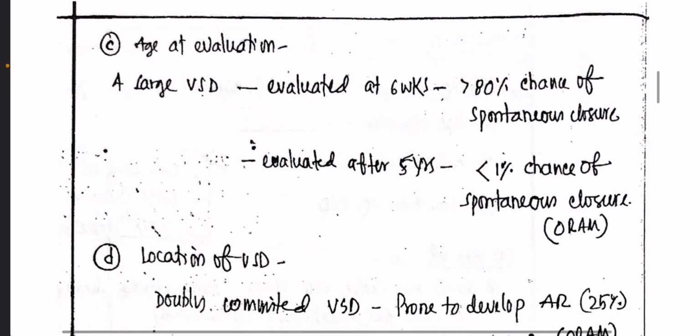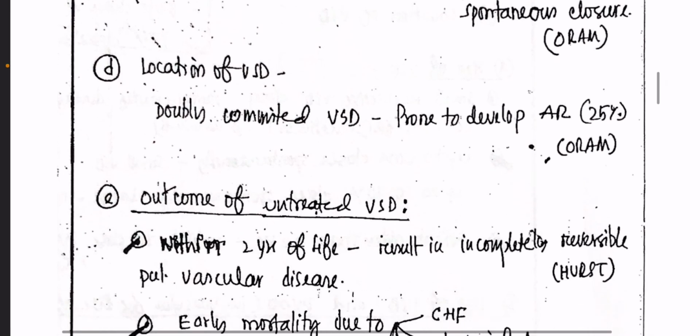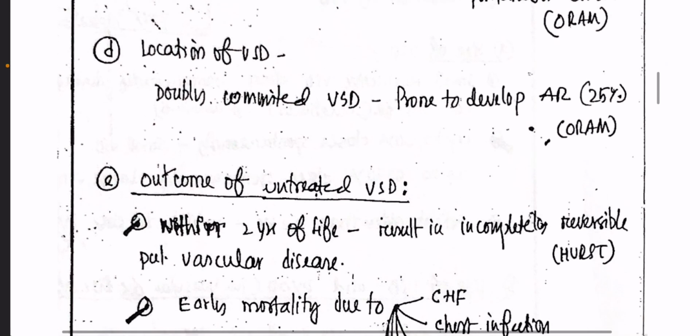Age at evaluation: a large VSD evaluated at 6 weeks has more than 80% chance of spontaneous closure. Evaluated after 5 years, less than 1% chance of spontaneous closure. According to location of VSD, doubly committed VSD is prone to develop aortic regurgitation in 25% cases.